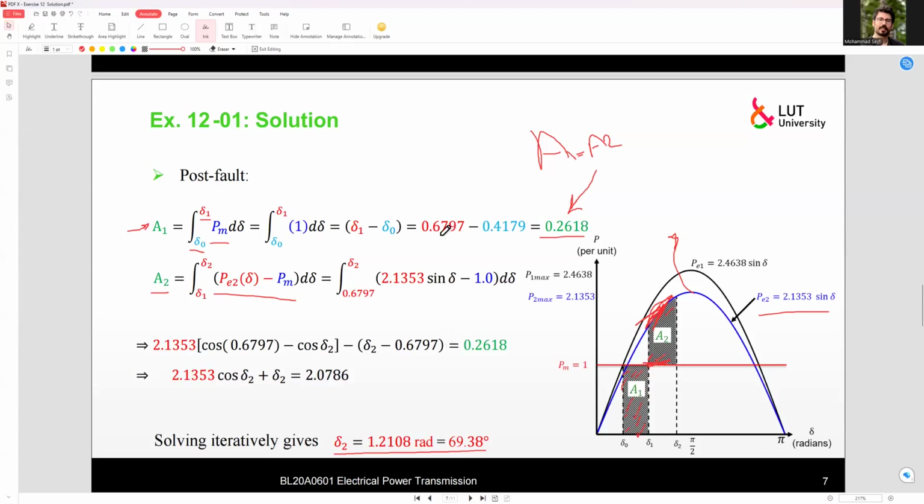So we calculated the maximum delta for this condition when we clear the fault after 5 cycles. And the part B asked us to find the critical fault clearance time when the circuit breaker activation time is beyond 5 cycles.